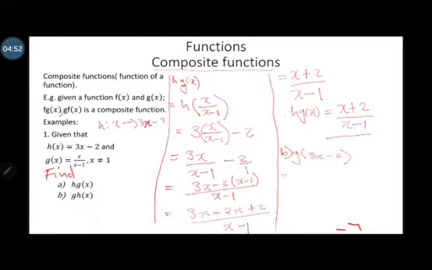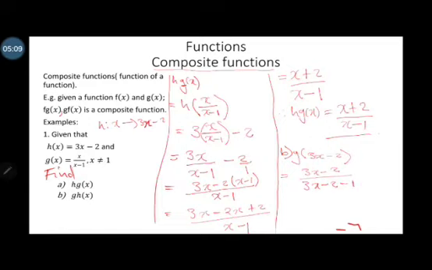So this now becomes 3x minus 2 over 3x minus 2, because where there is x we have that now, minus 1.